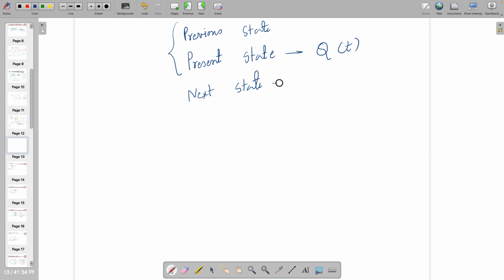For the next state you are going to write Q t plus 1, right. So the previous and present both have the same notation Q of t, but if I want to say what's going to happen to the next state after t plus time, that's Q t plus 1. Sometimes in further study you will write Q t plus 2, Q t plus 3 or Q t plus n and so on. But this is the standard notation, right.